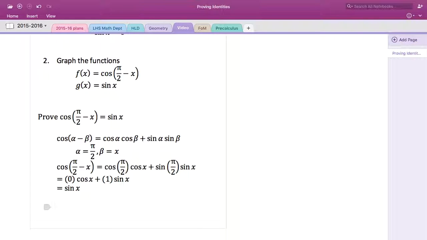So that proves that cosine of pi halves minus x is equal to sine of x. And we are 100% confident that this equation is identically equal. So this equation is an identity.